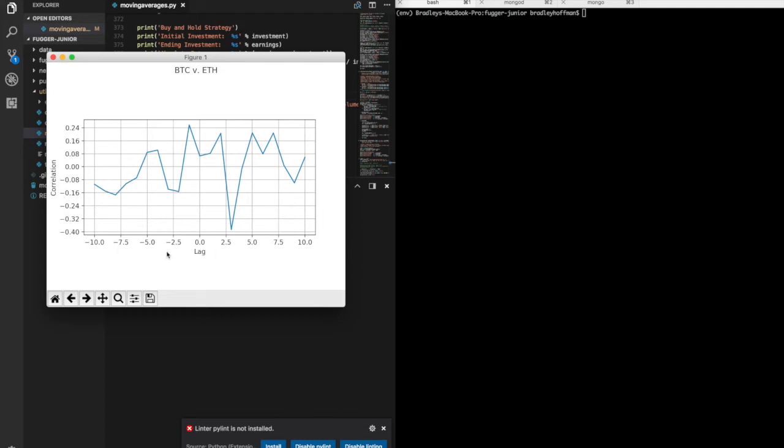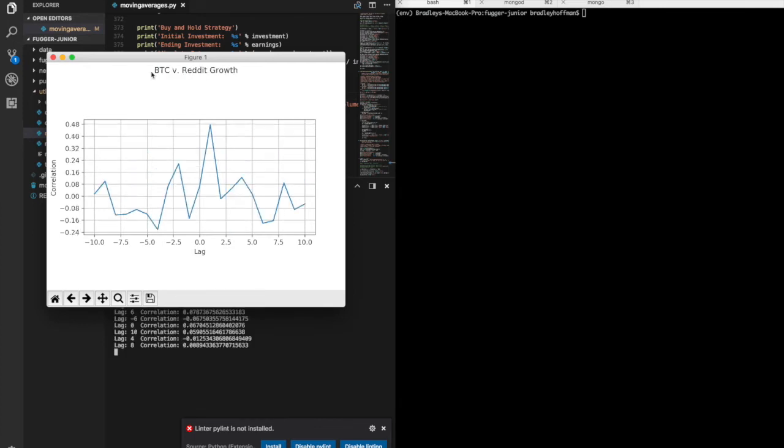The x-axis is our lag, so this would be 2.5 days, 5 days, 7.5 days, and 10 days, and then the reverse. What we're seeing here is that for a jump in Bitcoin price, there is not much of a correlation to a rise in Ethereum.